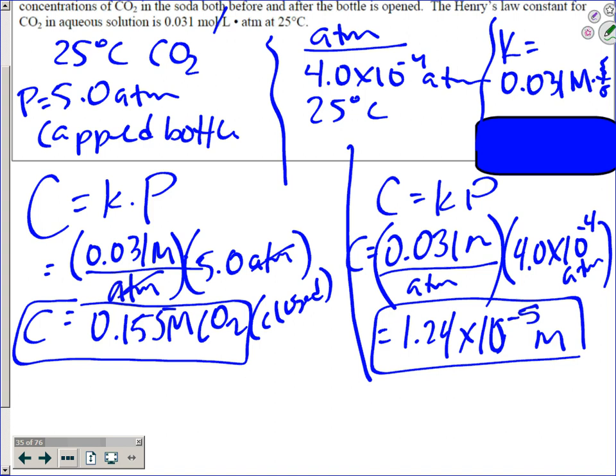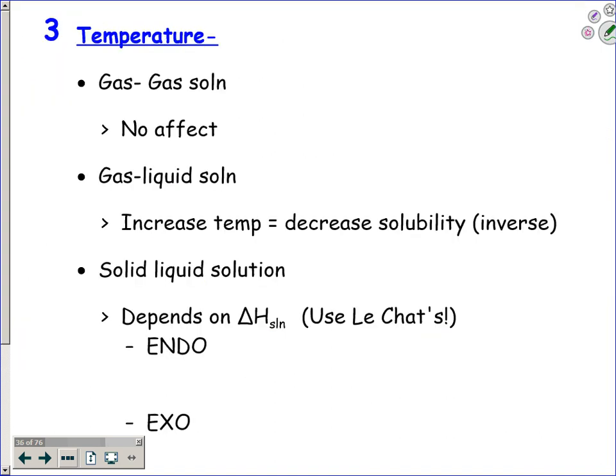All right, I have one more factor to consider. So first two factors that affect solubility are what? Temperature and pressure. Okay, temperature is the last piece, which we probably knew because we talked about the solubility curves that indicate saturated, supersaturated, and unsaturated, and temperature is a variable on that graph. So if you have gases mixed together and you increase the temperature, what happens to those gases? They move faster.